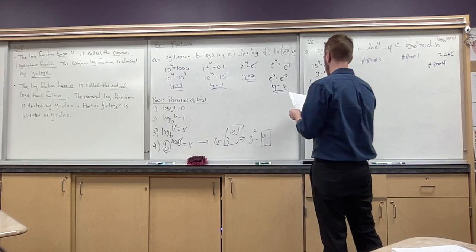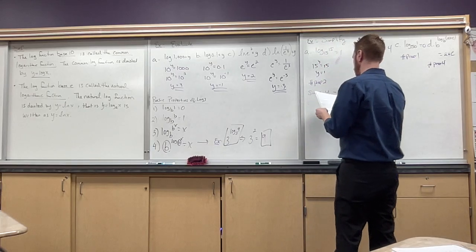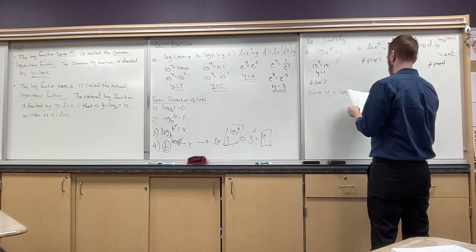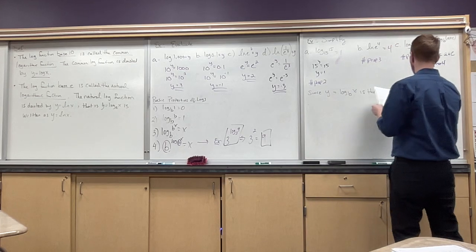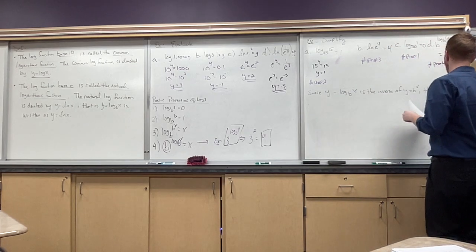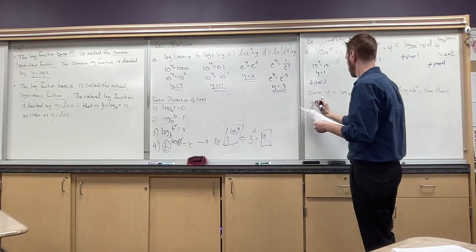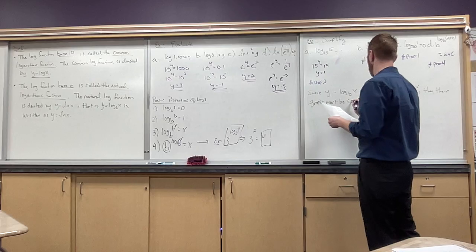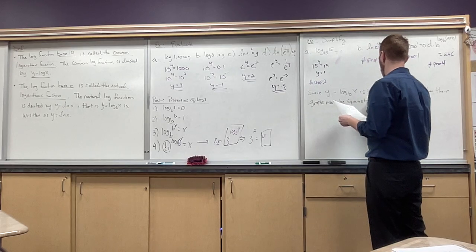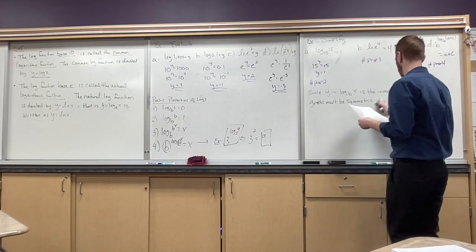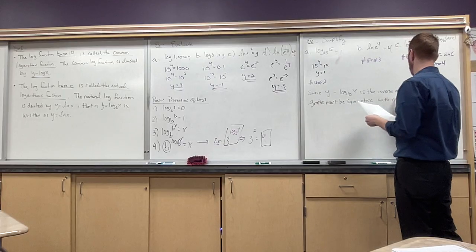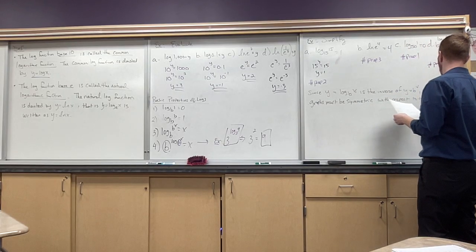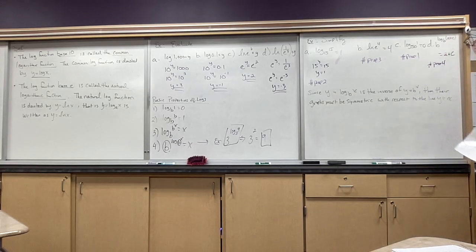Since y equals log base b of x is the inverse of y equals b to the x, then their graphs must be symmetric with respect to the line y equals x.